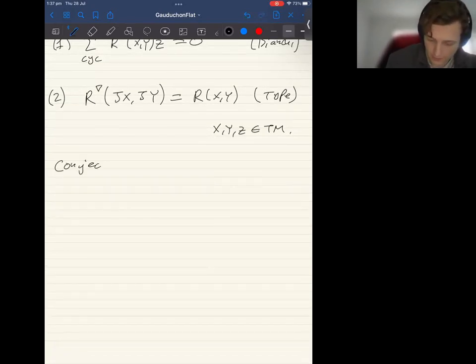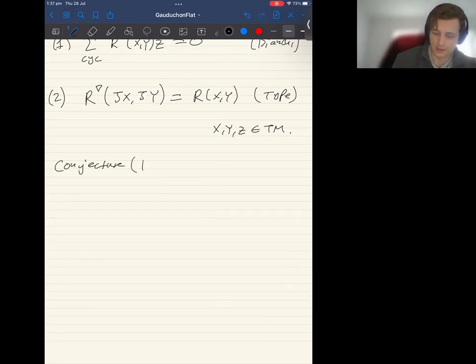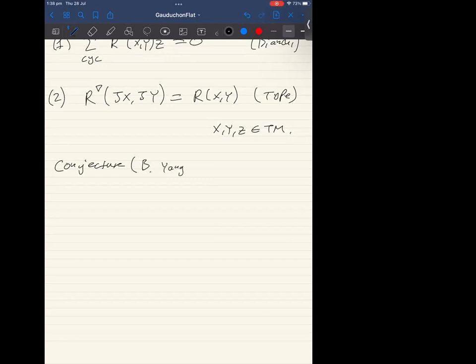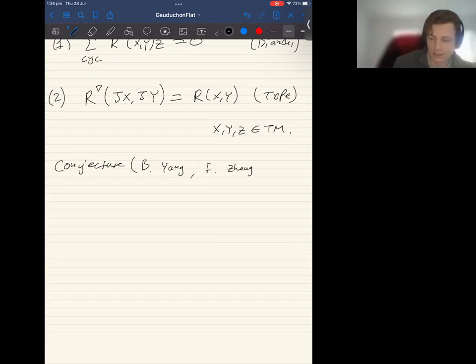So finally, we can state the conjecture that we're interested in. And so this is attributed to quite a few people. This is by Yang and Zheng in 2018. But I'm also going to include Angella, Otal, Ugarte, and Villacampa, also in 2018.